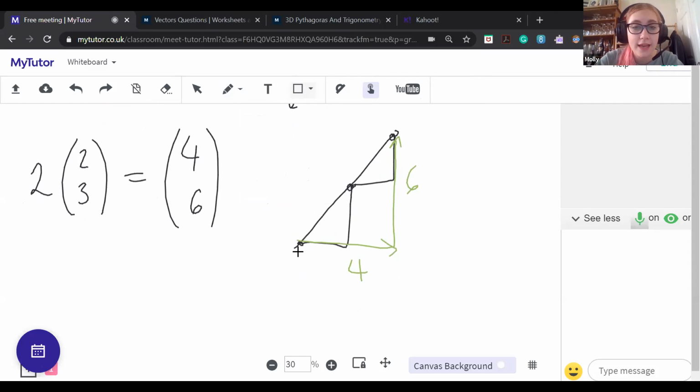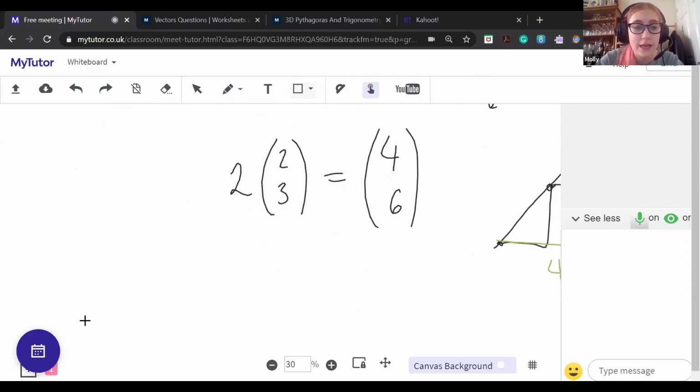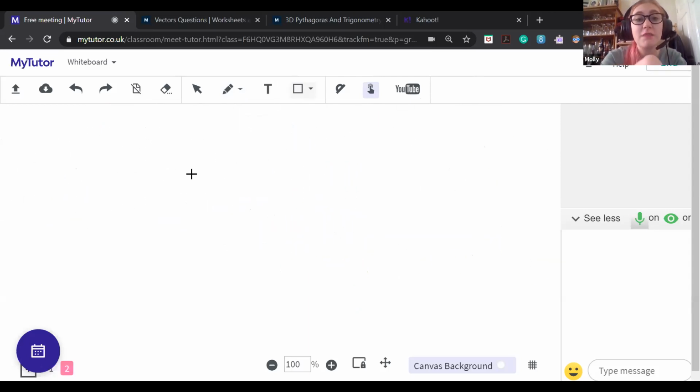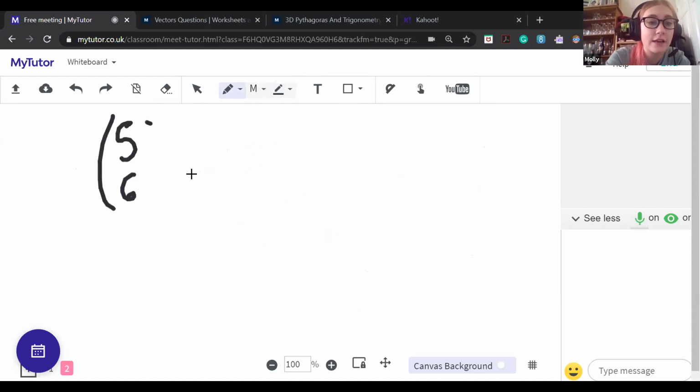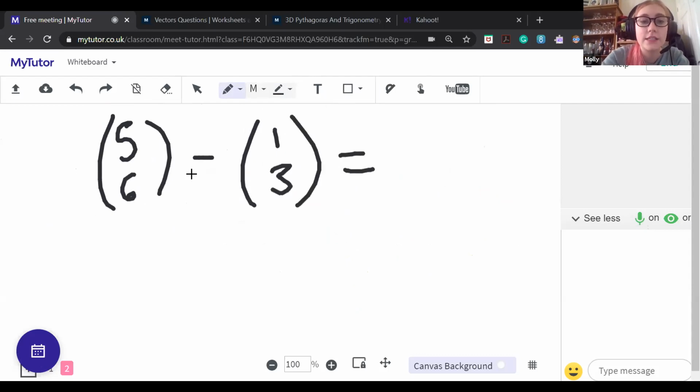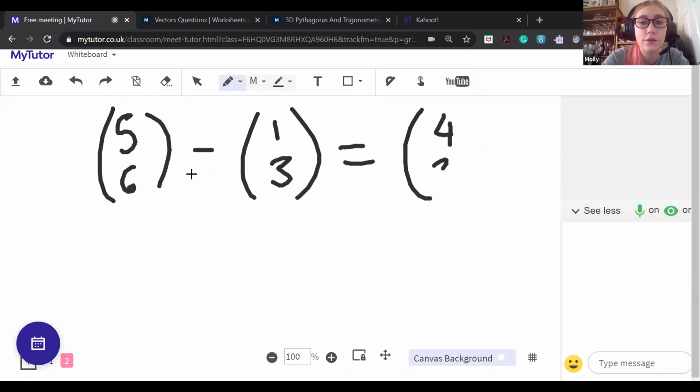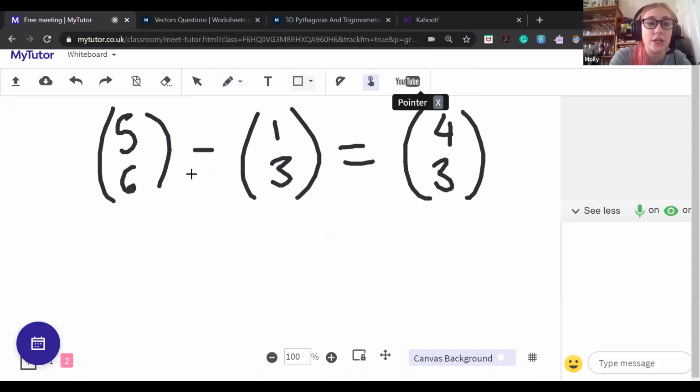So we can then get questions such as, I'll explain subtraction first, exactly the same as addition. If we have 5, 6 minus 1, 3, this is 4, 3. We literally just subtract across. And that's because a negative vector is a vector in the other direction.